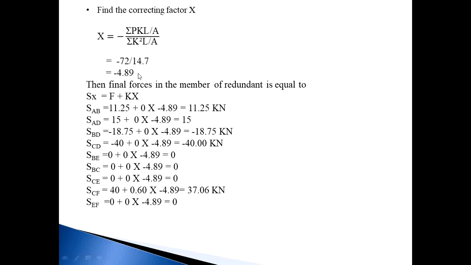Now the final force in the member of the redundant structure is S equal to F plus K into X. F means forces in the member, K is the K force or K factor and X is the correcting factor. So for example, the final force in AB is FAB, that is 11.25 plus 0 into minus 4.89. That answer will be 11.25.